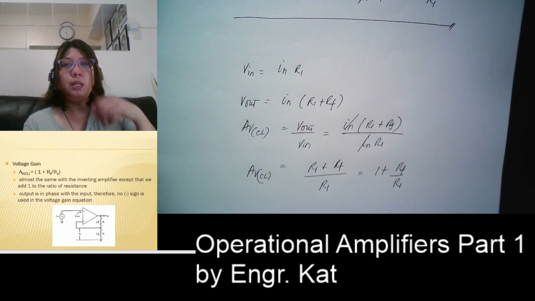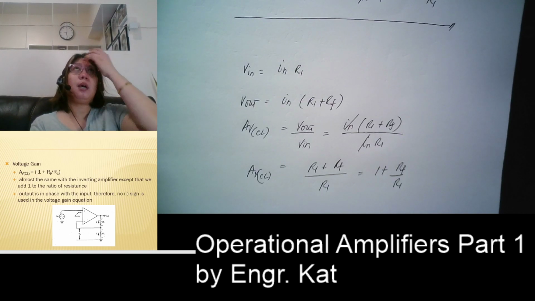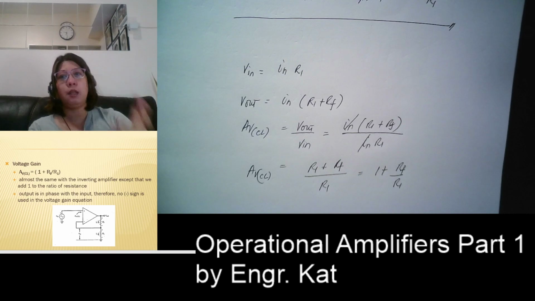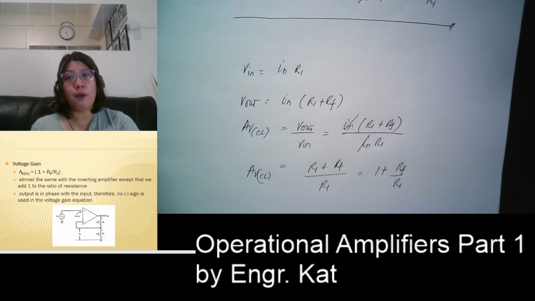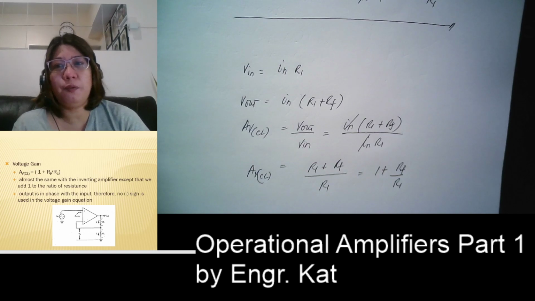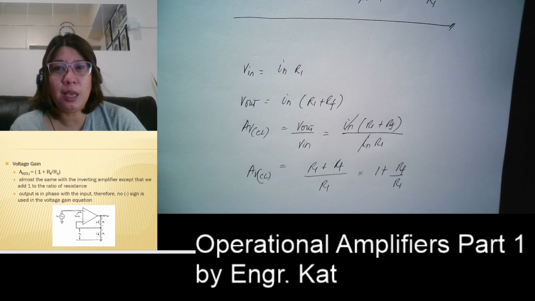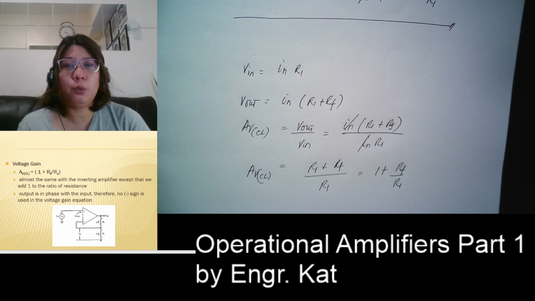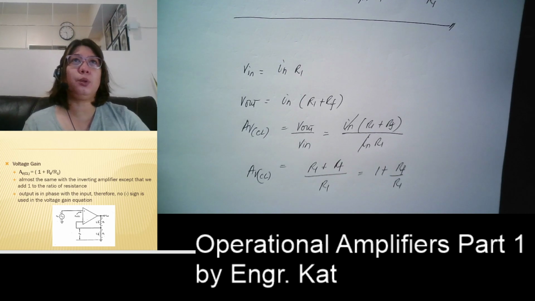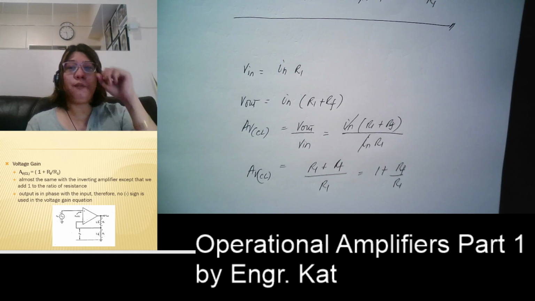Okay, so the only difference between the inverting and the non-inverting is, of course, we don't have a phase reversal, and at the same time we have a plus 1. And of course, you will be placing the input voltage at the non-inverting terminal. Okay, so the circuit is very simple. All you have to do is to place R1 and your RF. Okay, so that is the non-inverting amplifier.